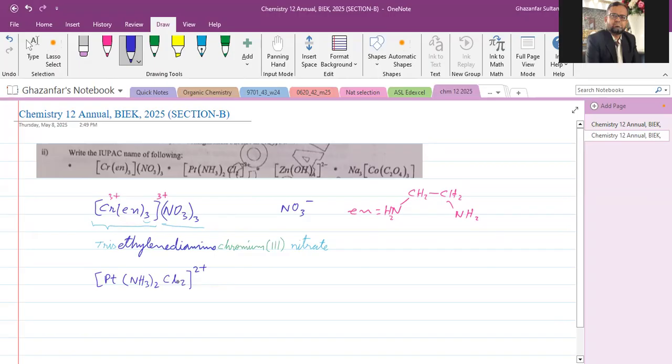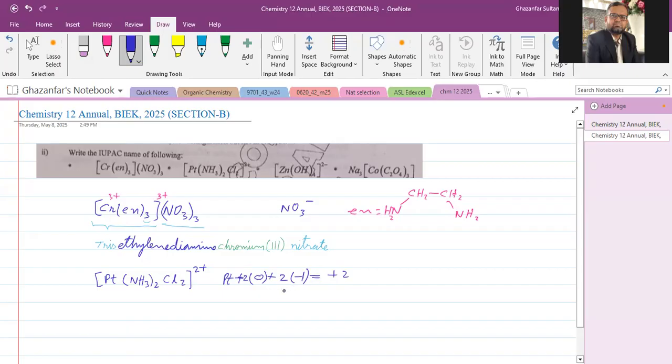So if overall charge is 2+, then you have to find the oxidation number of platinum. So overall charge 2+, 2 chloride, sorry. Each chloride is -1, plus ammonia is 0. So 2 multiplied by 0 remains 0. And Pt, you can write Pt as it is.